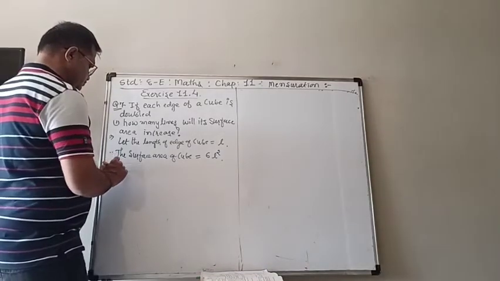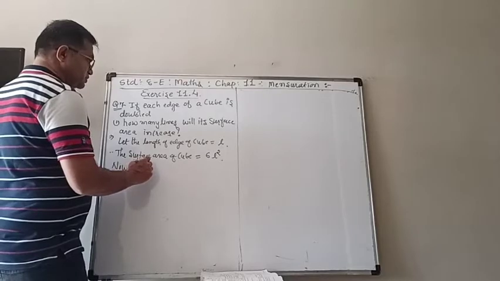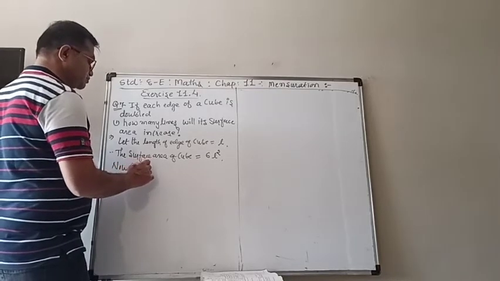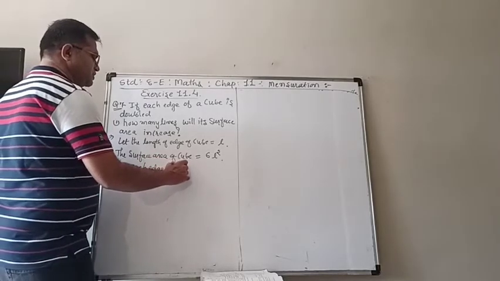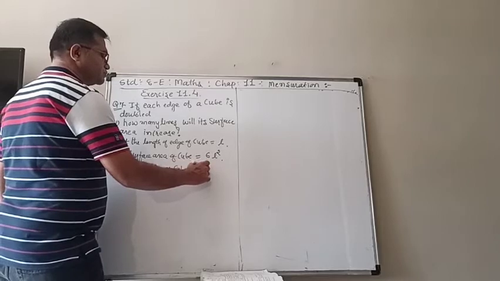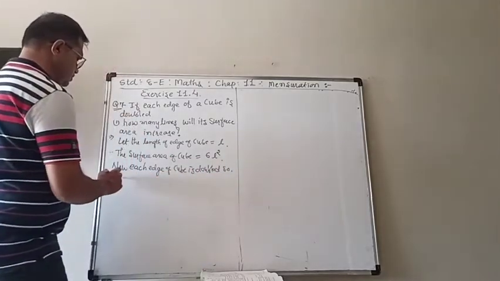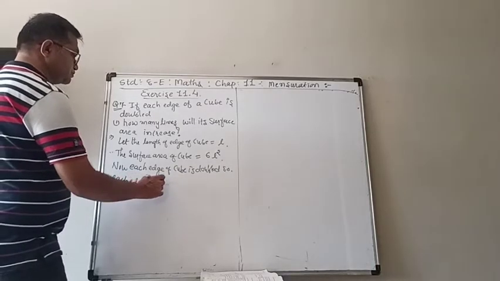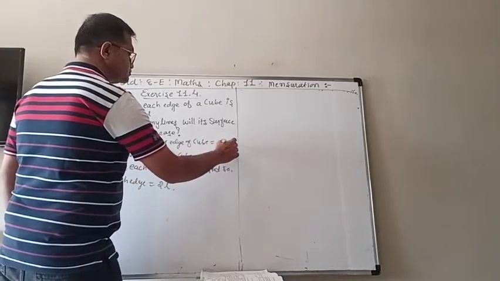Now each edge of cube is doubled. So each edge is equal to 2L units.